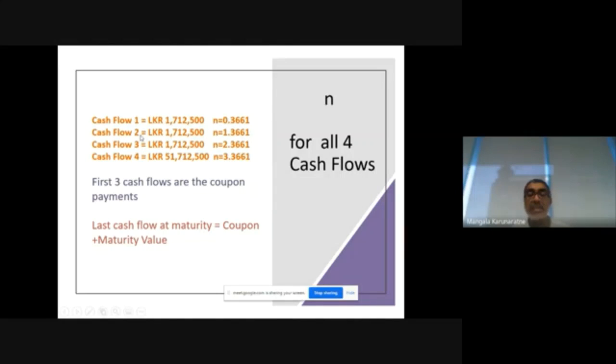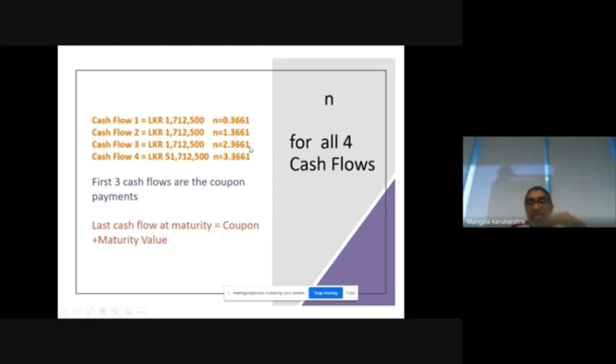And the second cash flow is 1,712,500, again another coupon, which will have an n value of 1.3661. And the third cash flow, which will happen on 15/10/2011, will have 2.3661 n, right?